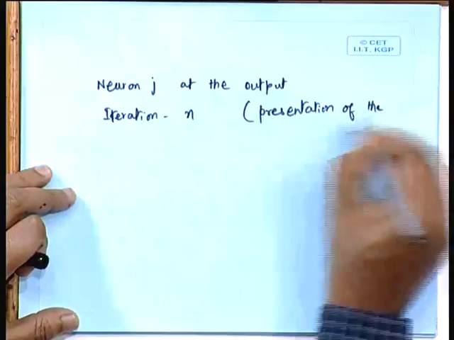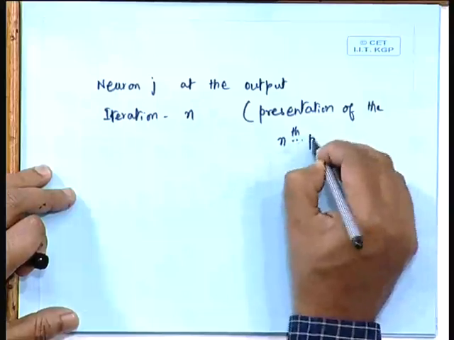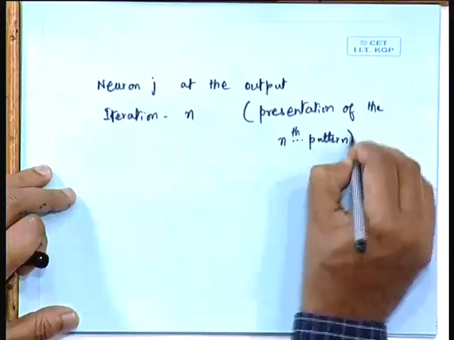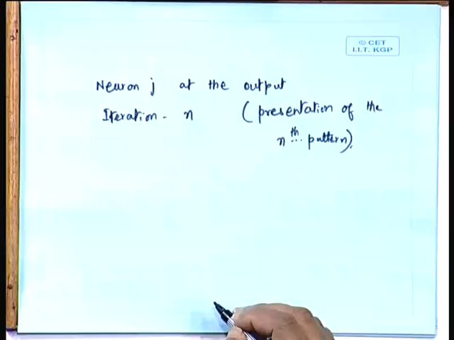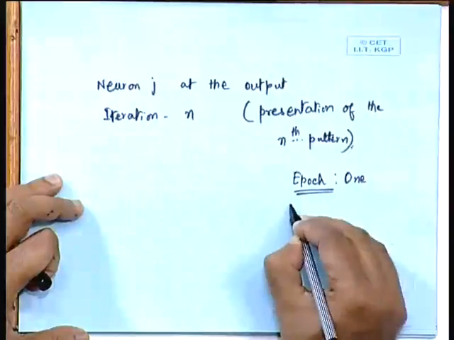If we take the approach of the LMS algorithm, you remember, there we were considering the instantaneous error energy and minimizing the instantaneous error energy and updating the weight for every n. That means we were not waiting for one complete set of patterns to be presented. In fact, one complete set of patterns is called an epoch.